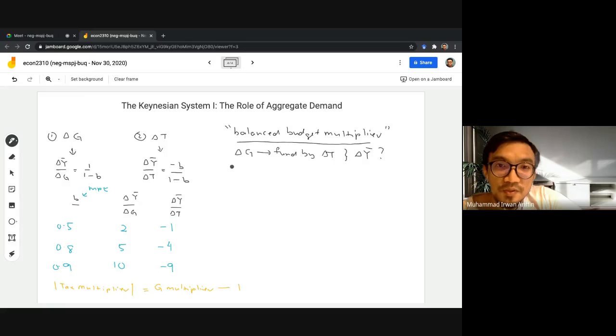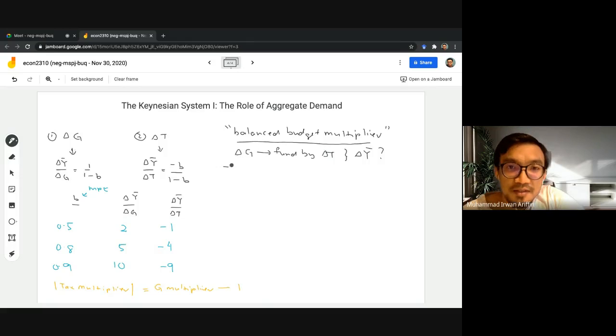What we are planning to do here is to find the net change in equilibrium income from a 1 unit change in both government expenditure and tax.